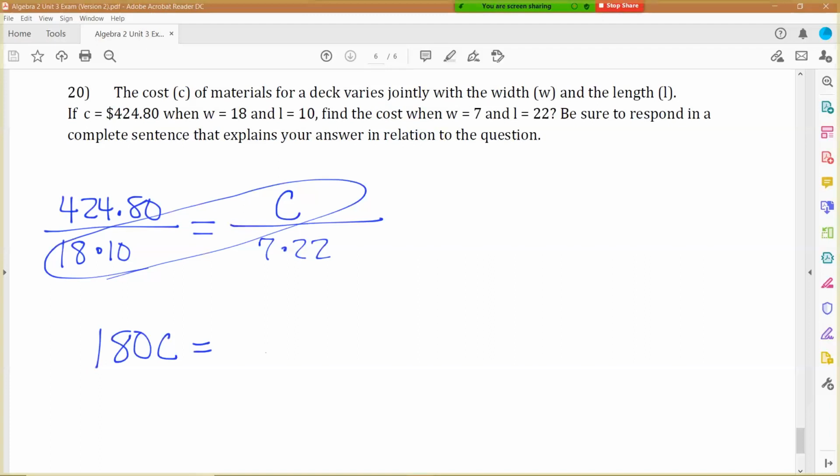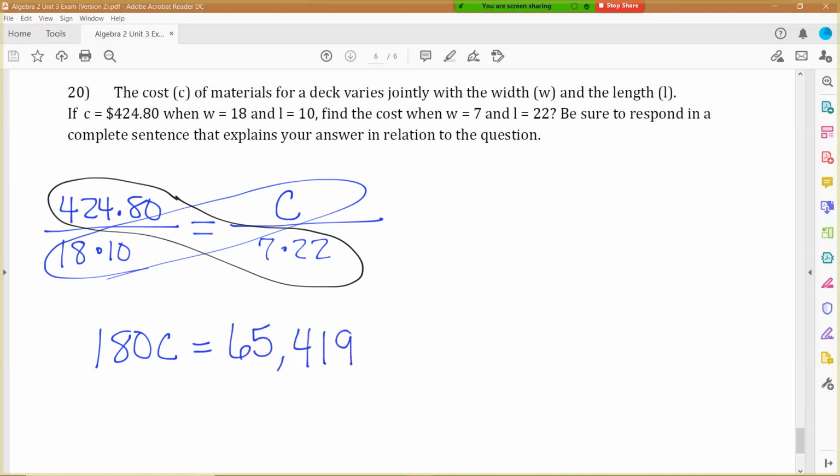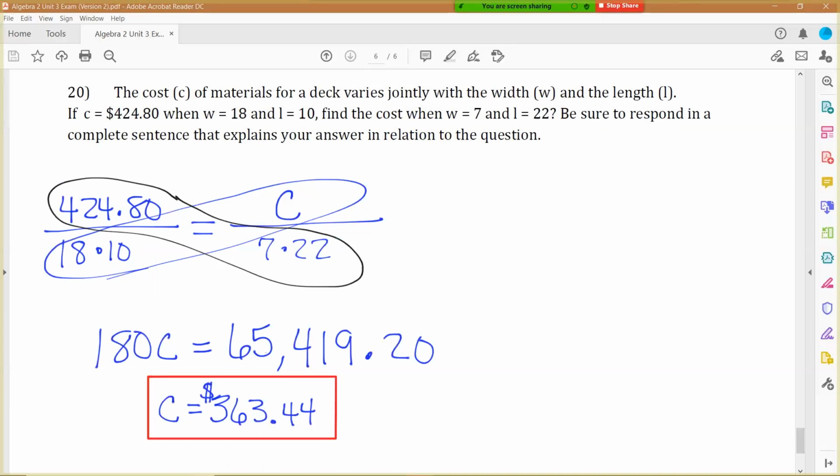For the other diagonal, I'm going to take 424.80 times 7 times 22 to get this ginormous number, not really, 65,419.20. Divide both sides by 180 to get the cost is approximately $363.44. And again, it's money, so go ahead and slap a dollar sign on it, round it to 2 decimal places, and you are golden.